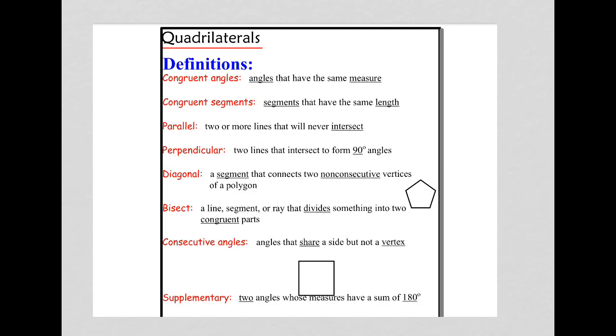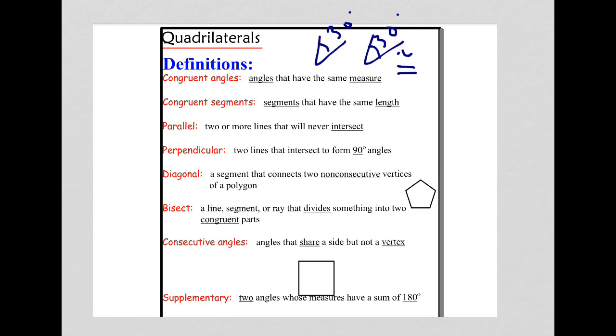First, we're talking about congruent angles, and these are just angles that have the same measure. If I'm looking at an angle like this, an angle like this, say they're both 30 degrees, we can write that they are congruent, and we use this little symbol, an equals and a squiggly line above it, for congruent.